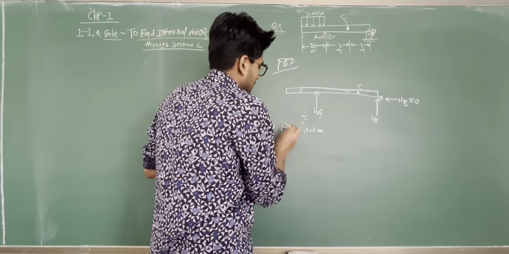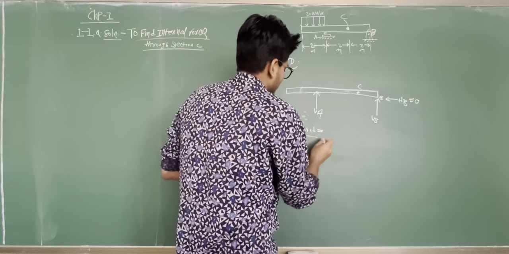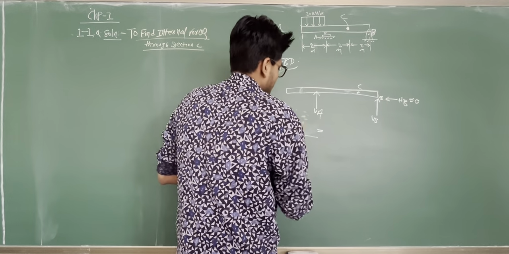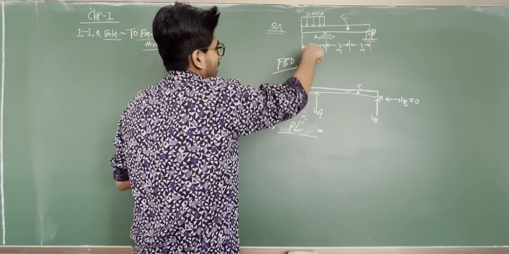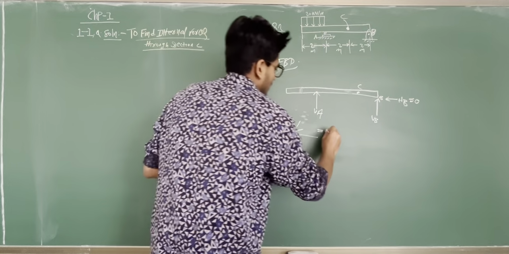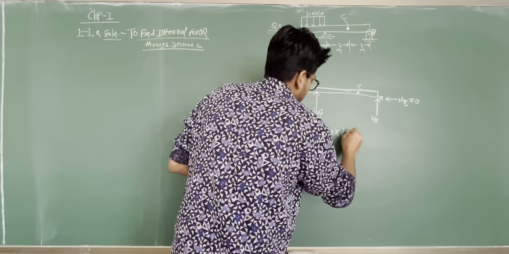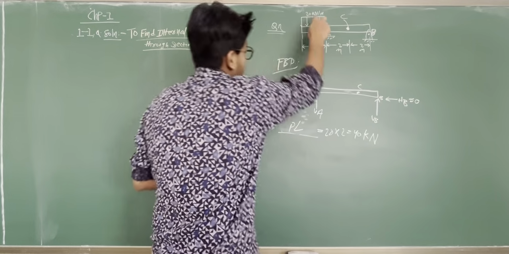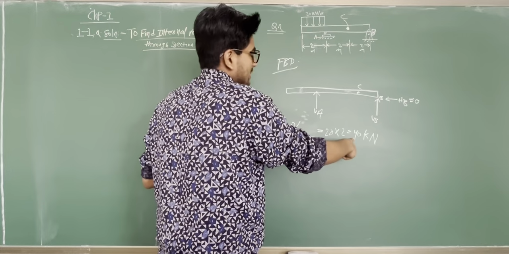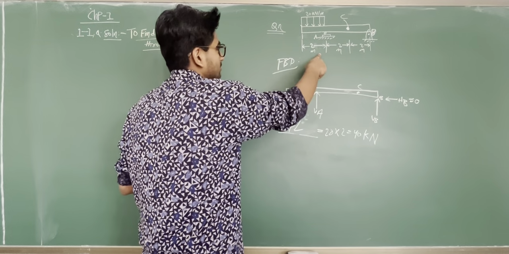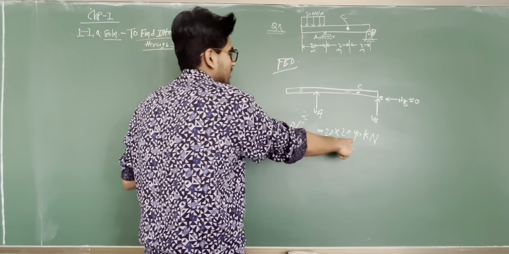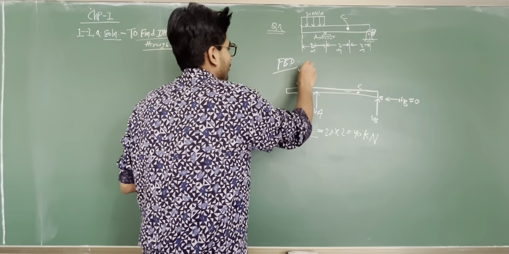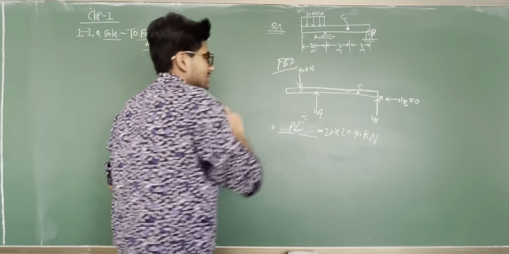What is PL? 20 into 2, which is 40 kN. Since it's a distributed load, we find the force. So we have somewhere here 40 kN. That is called a force.